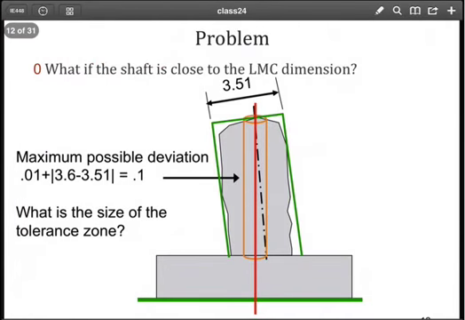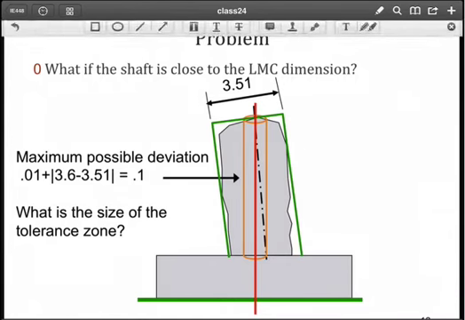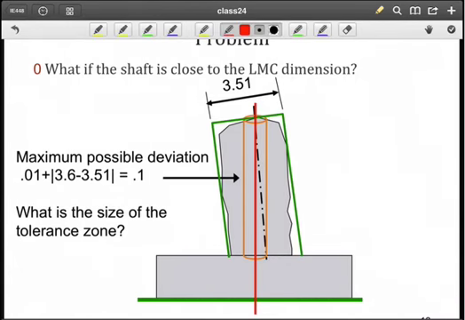Now, here's the problem with that gauge design. What if the shaft is close to the LMC dimension? So in this case, we'll say that LMC is 3.5. So what if we have an actual dimension of 3.51, as we can see in this example? What will be the effect of that?